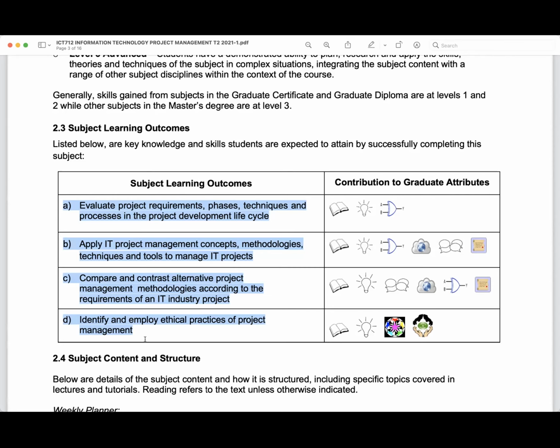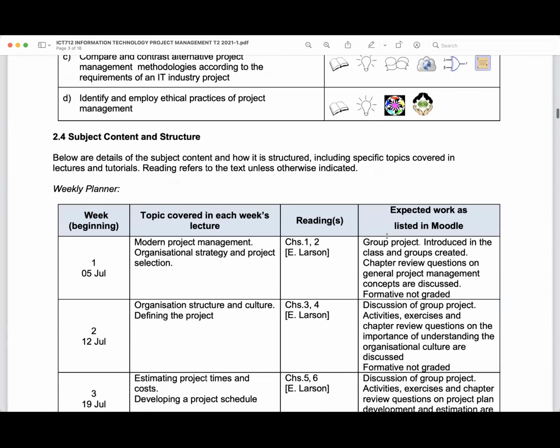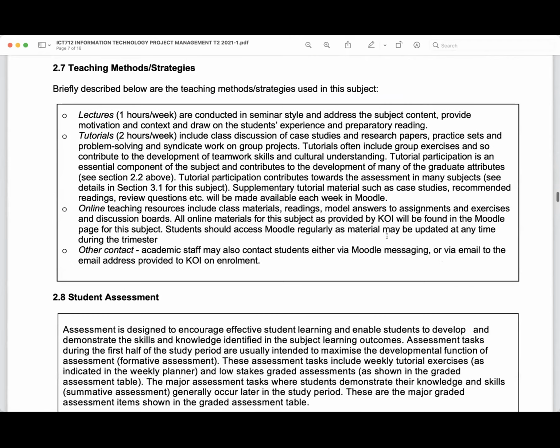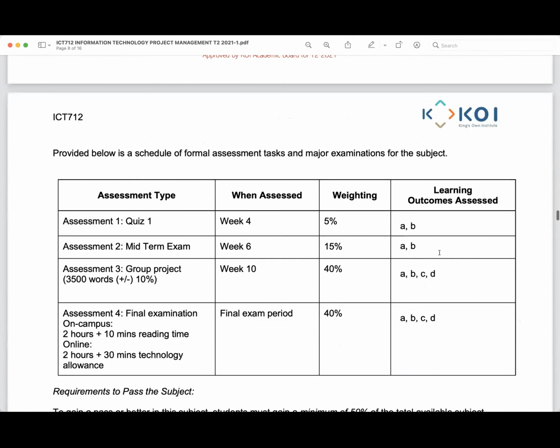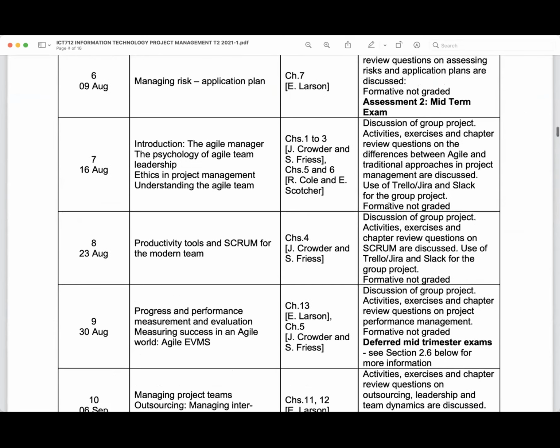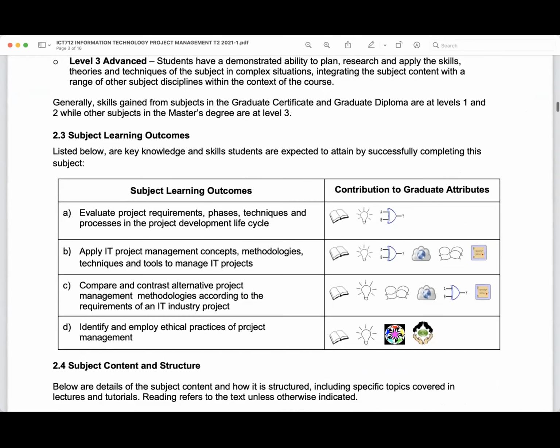So you notice, for example, in the final exam, I need to make sure you are meeting many learning outcomes. What are they? Well, if I take you a bit down, you'll see that you need to demonstrate learning outcomes A, B, C, and D, which means when I set up the exam paper for you, I have to make sure that you are able to demonstrate this learning as part of the exams that I set for you.